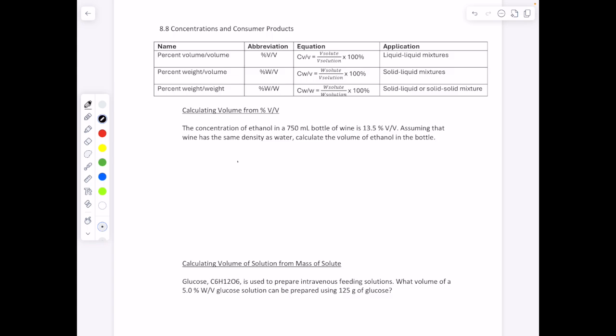The concentration of volume per volume is equal to the volume of the solute divided by the volume of the solution times 100%.